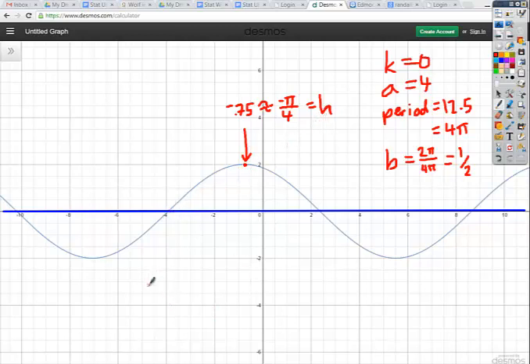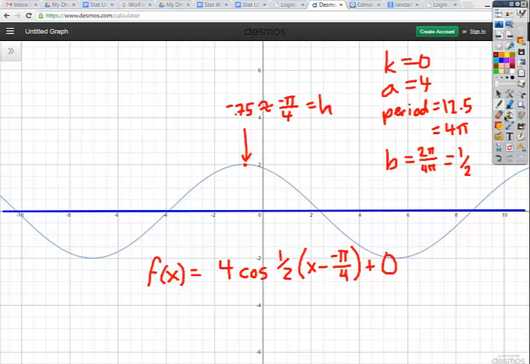Okay, so let's write it out. f of x equals a times the cosine of b times x minus my h value, which is a negative h value. I'm subtracting a negative value, plus my k, which is 0.